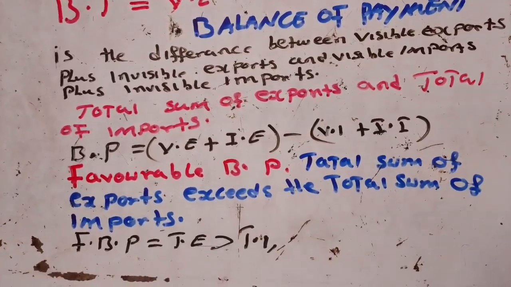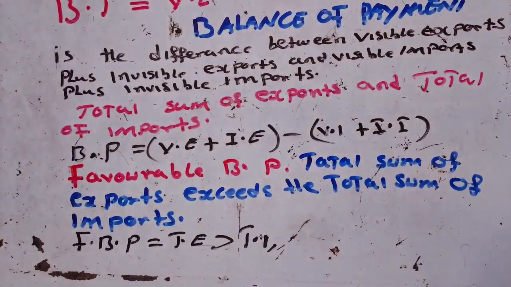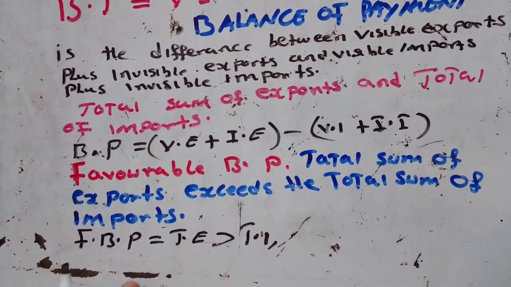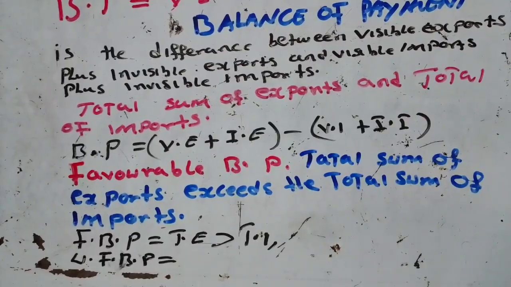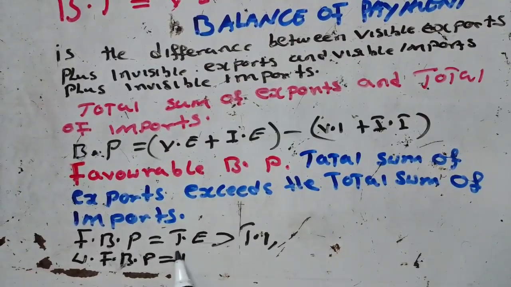So unfavorable balance of payment is when the total imports exceed the total exports.